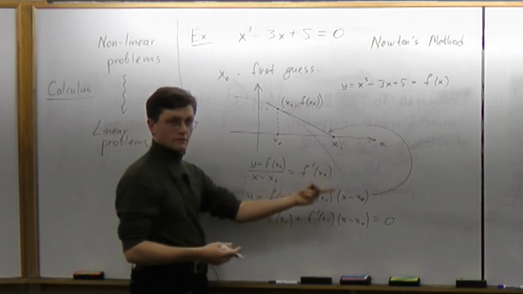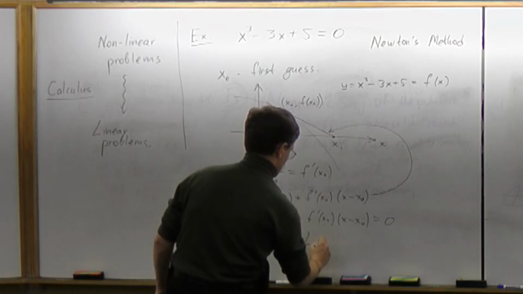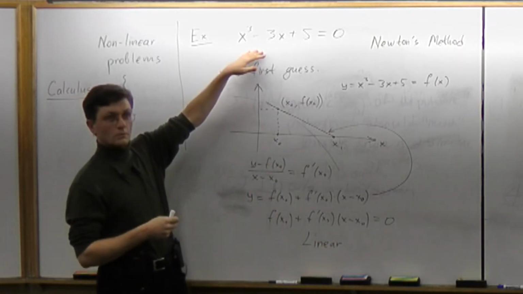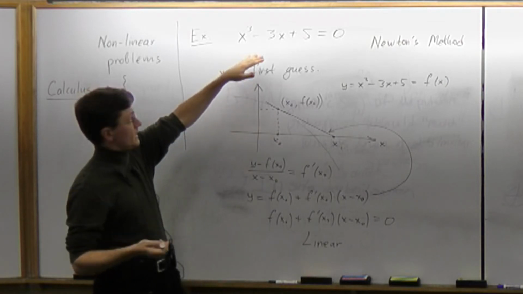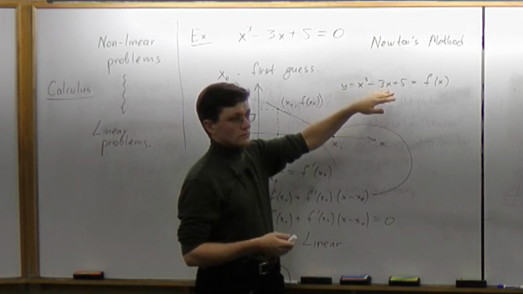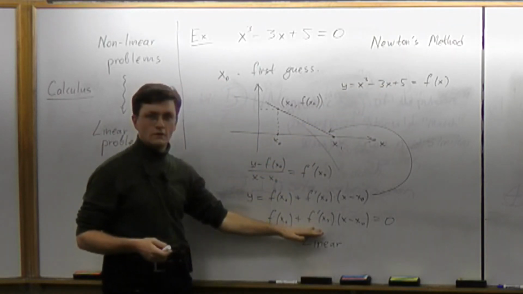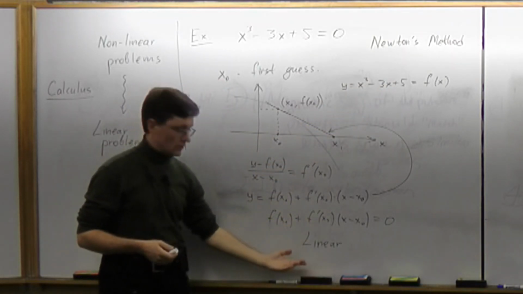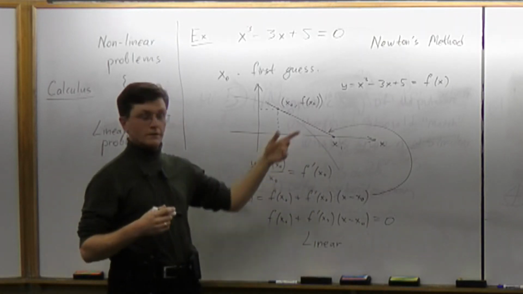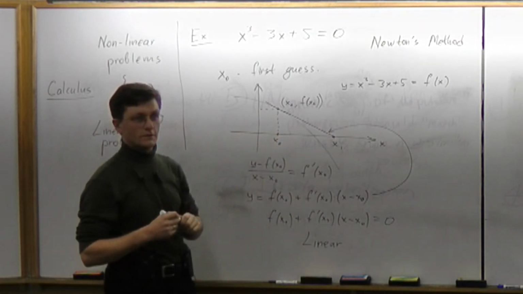Right? That's a linear equation, a linear problem. So you reduce a nonlinear problem, essentially any nonlinear problem, right? For any equation, you can make a function, you can differentiate that function, you can find that linear equation, and you solve this linear problem, you find that point, and you hope that this point is better than x0.